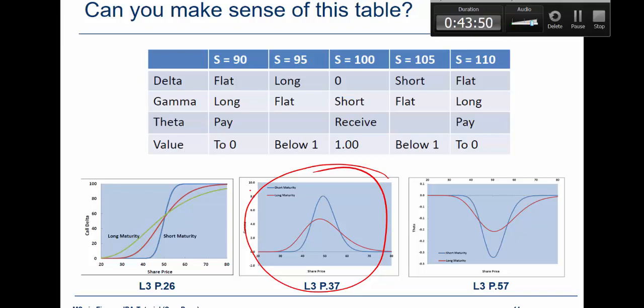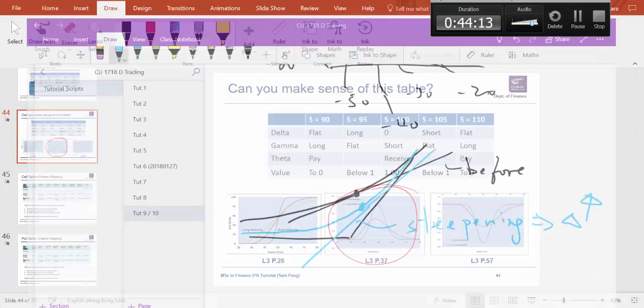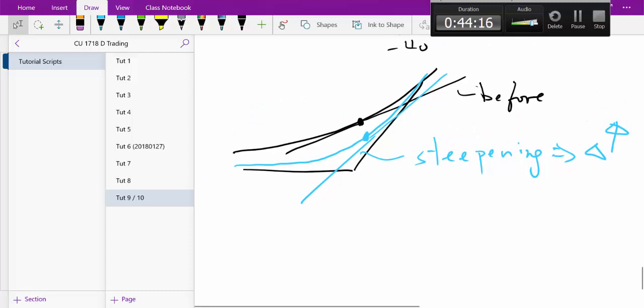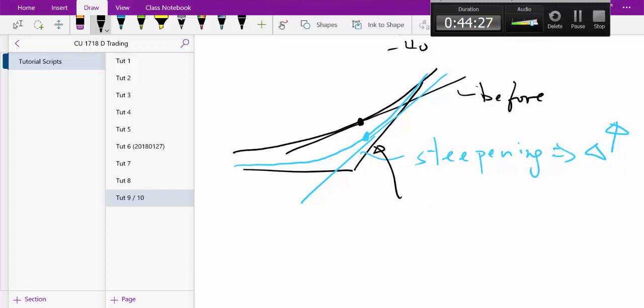Let's say you have an option 50 strike. What happens to the gamma when it's at the money, when it's slightly out of the money, and when it's far out of the money, or far in the money? Okay, so there is some approximate symmetry to it. The point being, when you have an option, so here you are in the money, or you are near the money if you like.